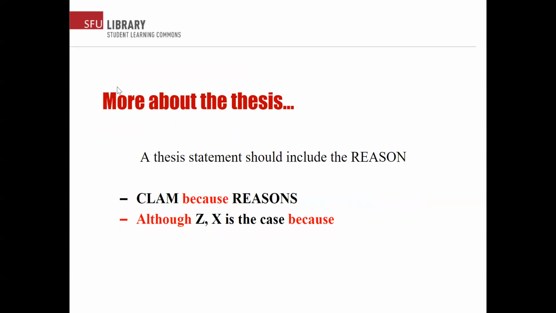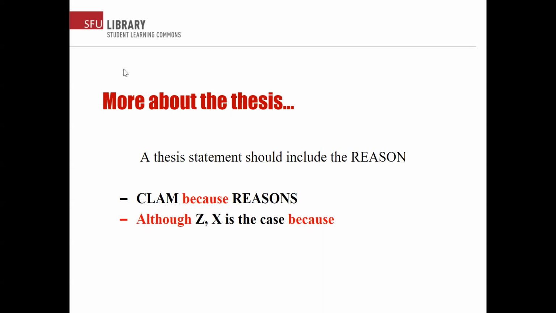A thesis statement should include the reason. This is actually an important feature of a good thesis statement. An effective thesis is usually made of two parts: claim plus reasons, and the conjunction word because could be used to connect the claim to the reason. So a thesis is made of two parts. The claim is your position, your stance about the topic.